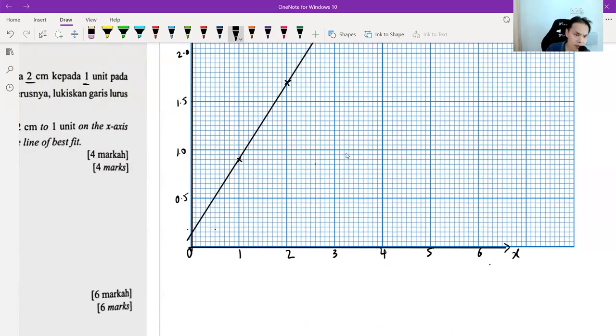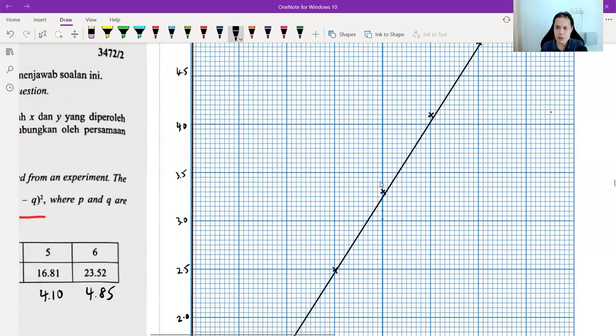Now you can take 0.125. Actually, it looks like in between 0.1 and 0.15, so it's okay to even take 0.125 because I know my answer is 0.12, the most accurate answer. You can take 0.1 or 0.15, or in this case 0.125.